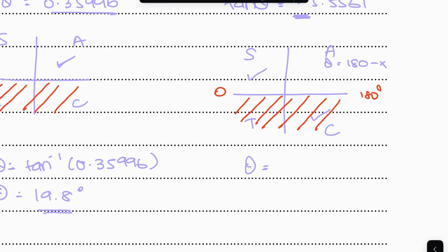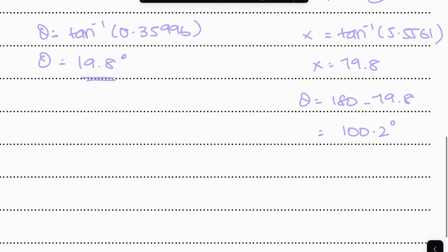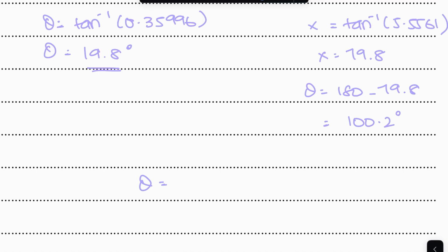So first we will find x, which will be tan inverse of the positive value, and if we put that in the calculator, we get x as 79.8. So theta will be 180 minus 79.8, which is 100.2 degrees. And so our values for theta that we solved are 19.8 degrees and 100.2 degrees.